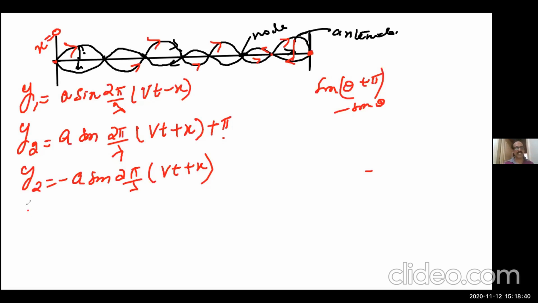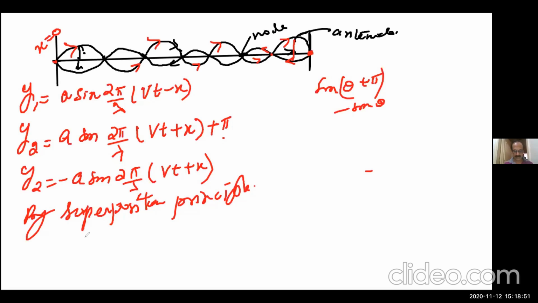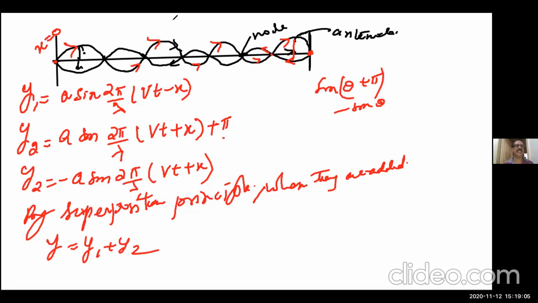By the superposition principle, when they are added, it's a vector addition. When they are added, y is equal to y1 plus y2.